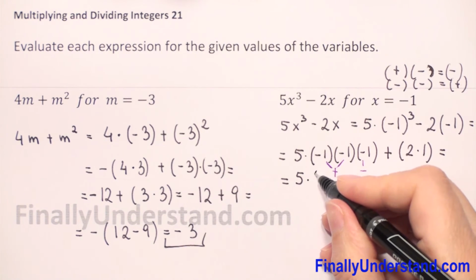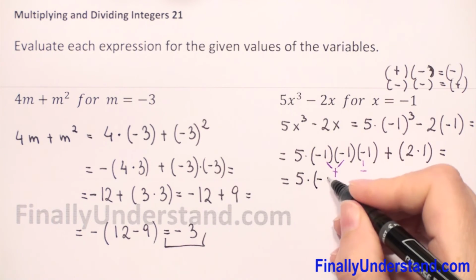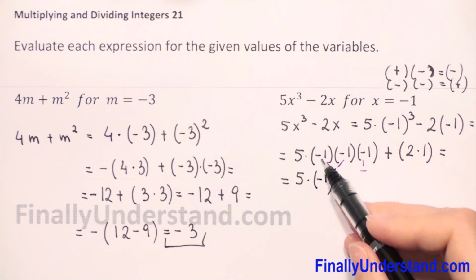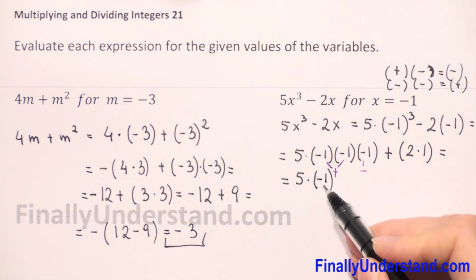So in parentheses we can write a negative sign. 1 times 1 times 1 is 1. So negative 1 times negative 1 times negative 1 is negative 1.